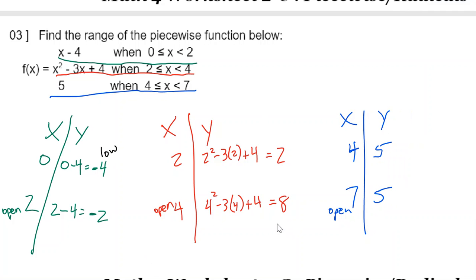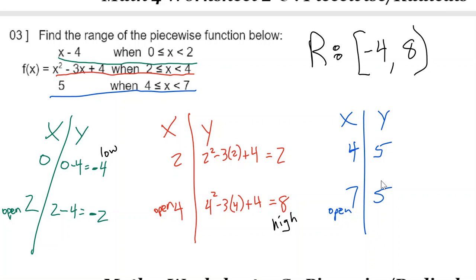The highest that we've ever seen it get is here. So our range is going to go from -4, and I don't have an open circle there, so I'm going to do that. And my 8 does have an open circle there, so we're going to do that. And these 5s don't even come close to touching it, and neither do these guys.